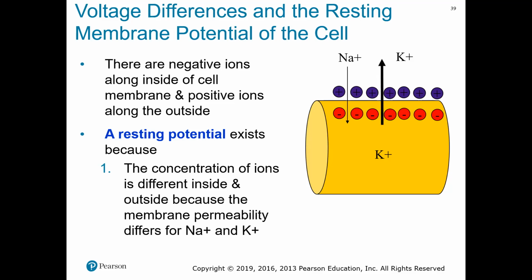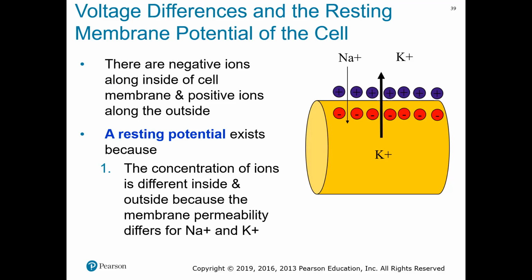There are more sodium ions outside than potassium ions inside. So you might have three or four times as many sodiums outside the cell than you do potassiums on the inside. So there are fewer positive charges inside the cell than outside.